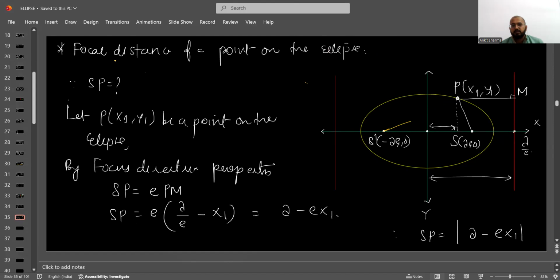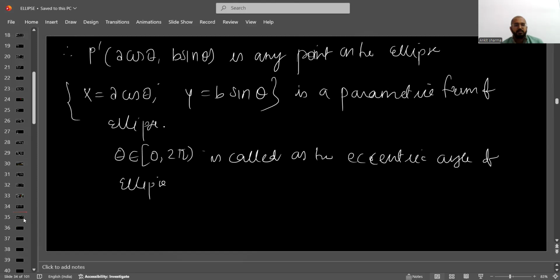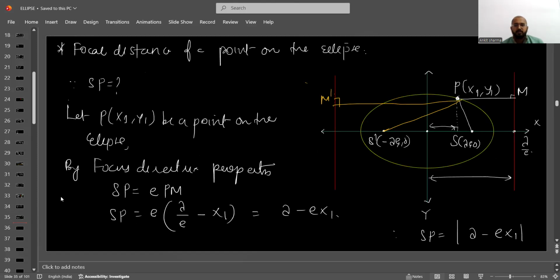So I'll be finding this distance, which is P M dash. So S dash P is equal to E P M dash.